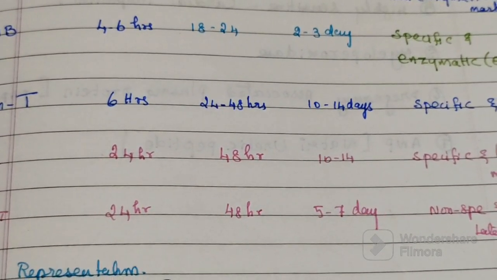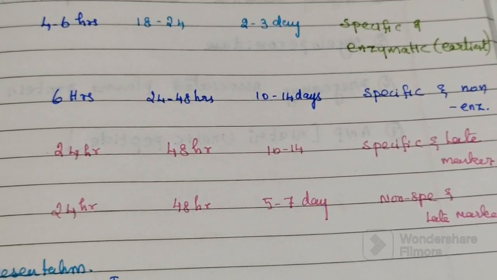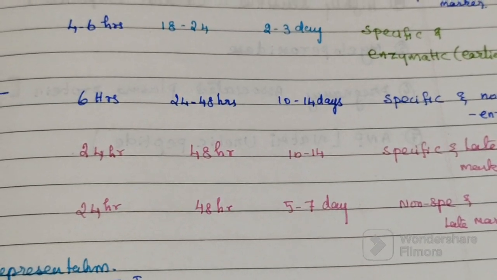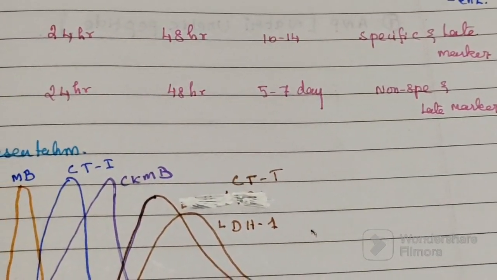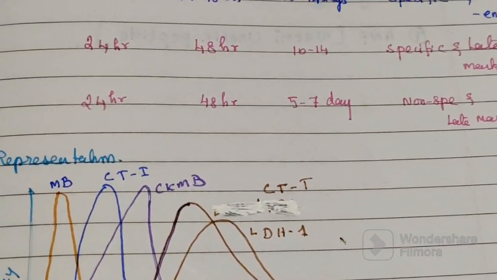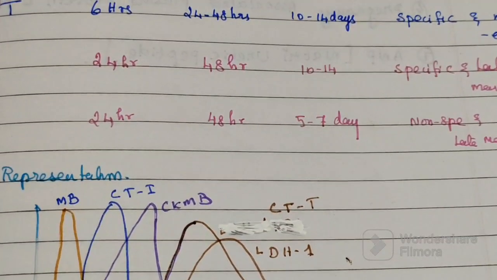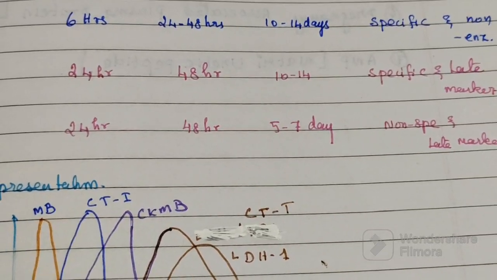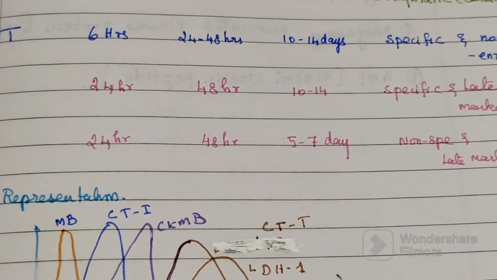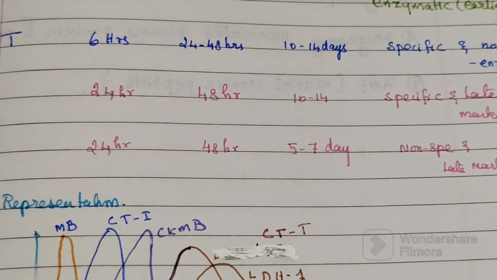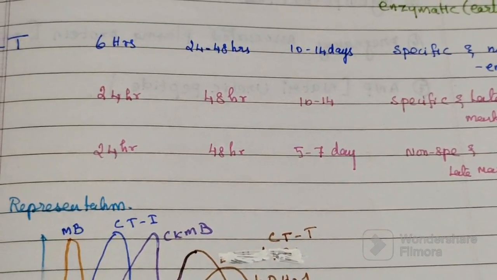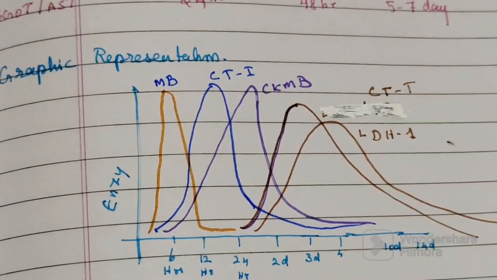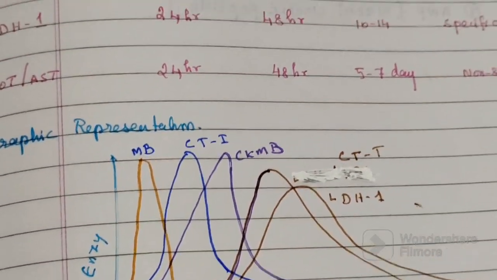This one is non-specific because the concentration of AST also increases in liver disease, and also it is a late marker. So these are the important markers in patients with acute myocardial infarction.